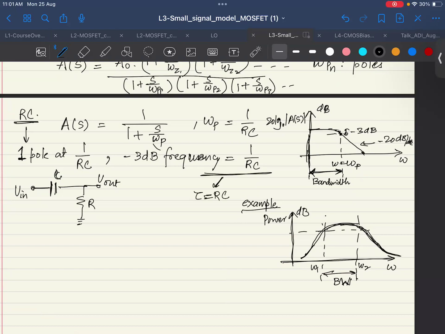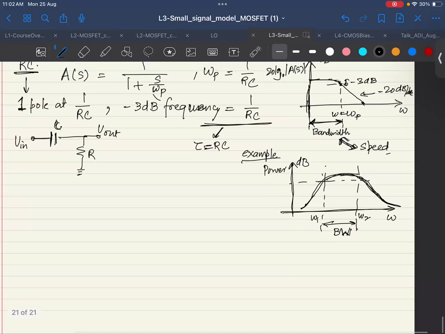And that is why bandwidth and time or speed are equivalent to each other, right? When we say there is high speed, that means you have high bandwidth. And high bandwidth means that you are able to get the same gain for those frequencies in the circuit.